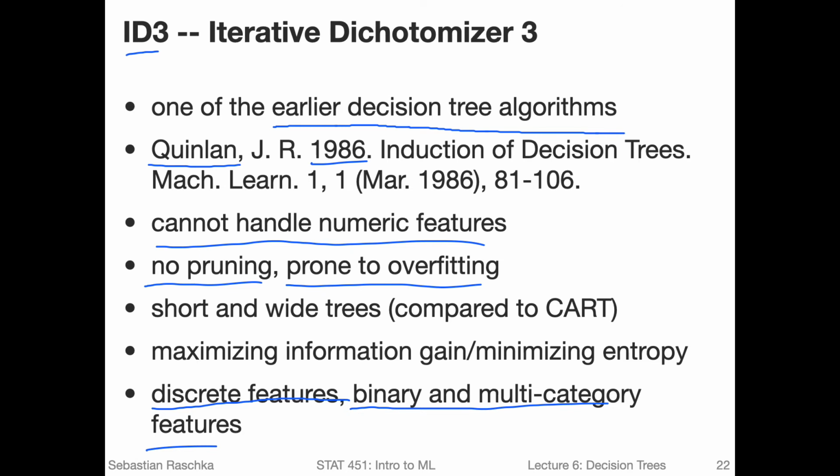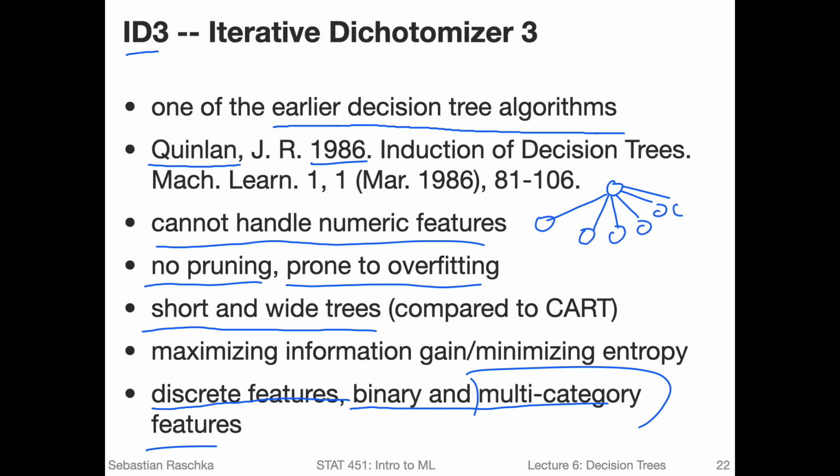What's also notable is that this algorithm produces short and wide trees, and that's a side effect of the multi-category splits. So if you have a given parent node and you have a feature for splitting that has many different feature values, it will then produce a lot of child nodes, right? So in this way, if you have these multi-category features and each one has a lot of child nodes, you will have this rather short and wide tree.